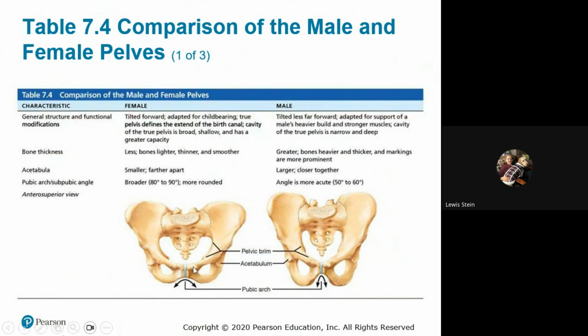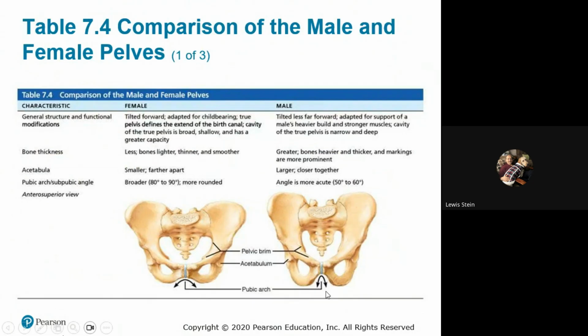The pubic bone is this small bone here with a wing that comes together, very small comparatively speaking, and they come together at the symphysis pubis. If you find that angle and effectively double it when you measure that angle, you can determine whether it's 80 to 90 degrees, more rounded, or much more acute, 50 to 60 degrees.